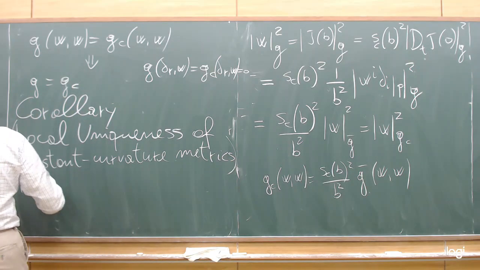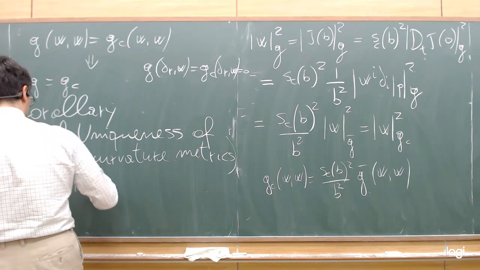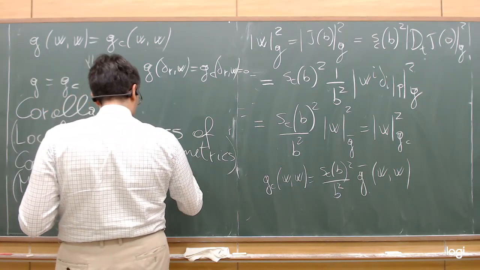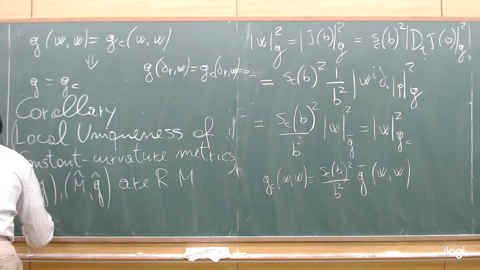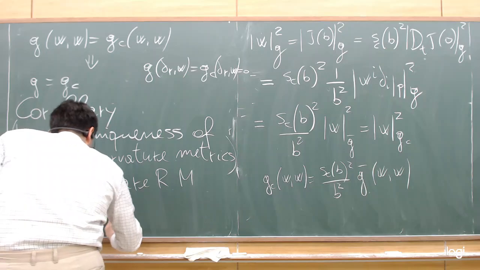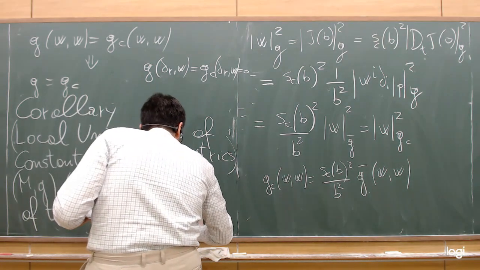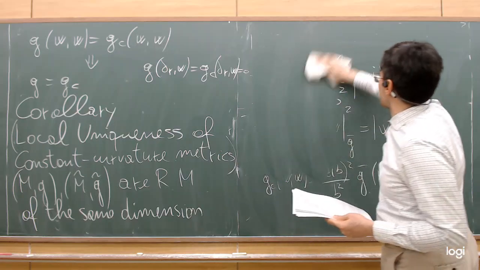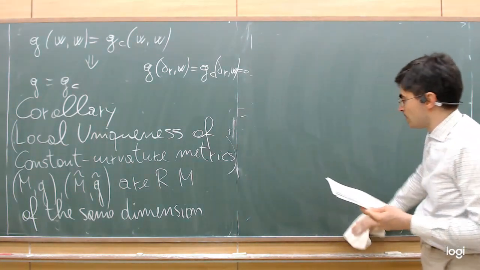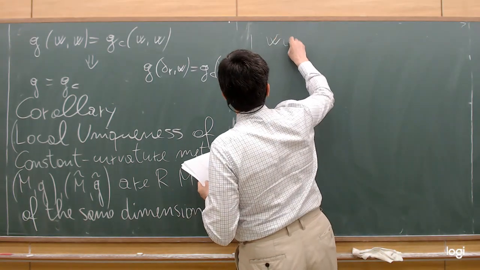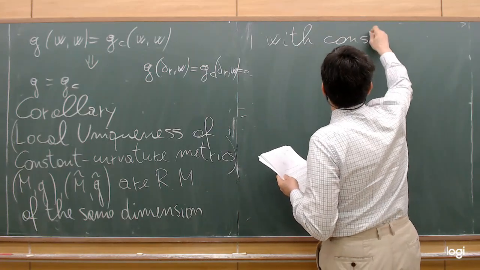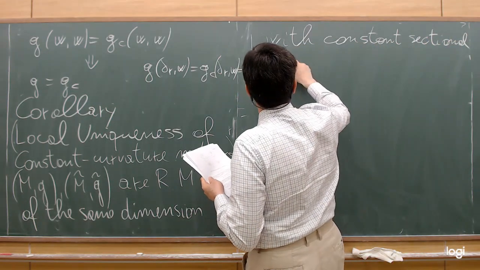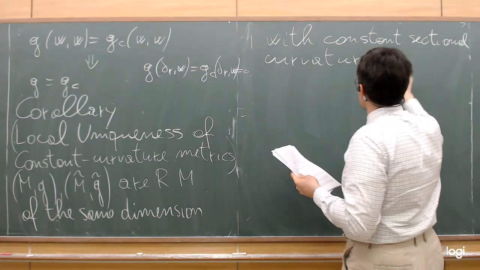Suppose that (M, g) and (M tilde, g tilde) are Riemannian manifolds of the same dimension with constant sectional curvature C.